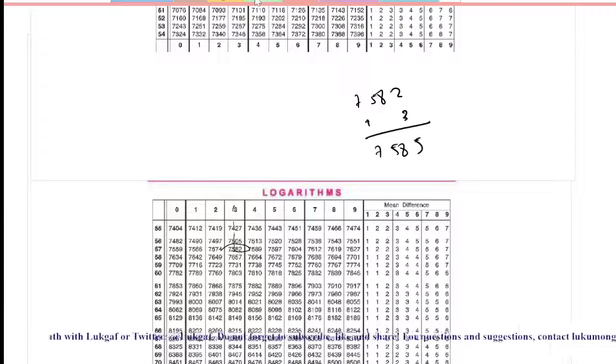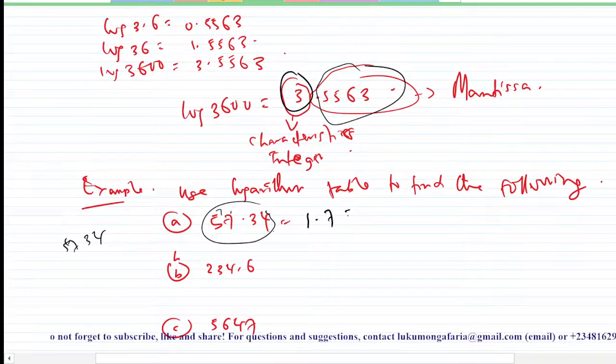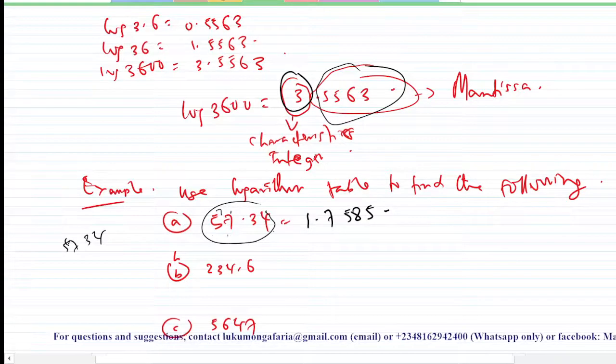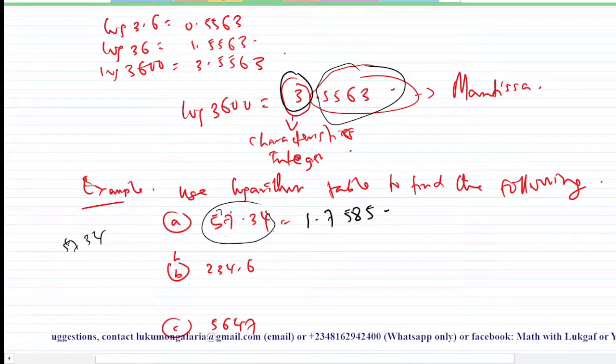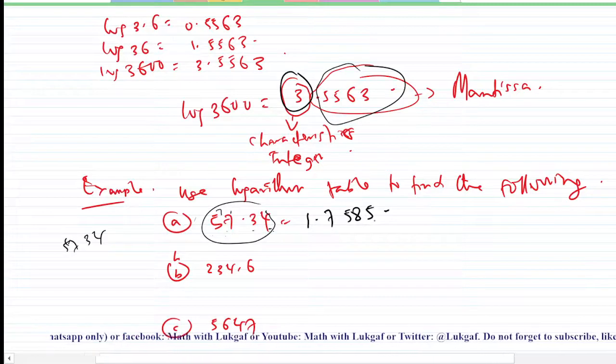Then you go back to your question and write 7585. What we did was find the characteristics part first, then use this number to look it up on the four-figure table. That is, we find 57 under 3, difference 4, and that's how we obtain this.